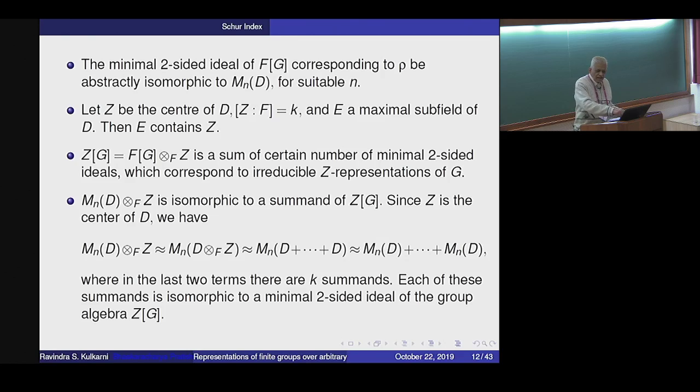The dimension of Z over F is K, so these are just K copies of D additively. So this is isomorphic to K copies of the matrix rings over D. Each of these summands is isomorphic to a minimal two-sided ideal of the group algebra ZG. And as we shall see later, this Z corresponds to the character field.